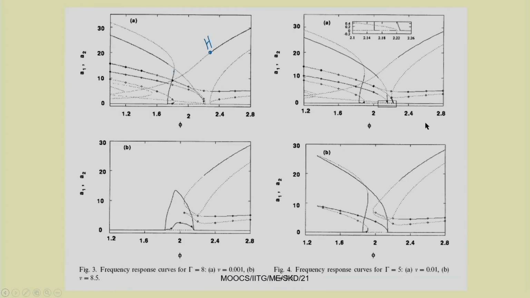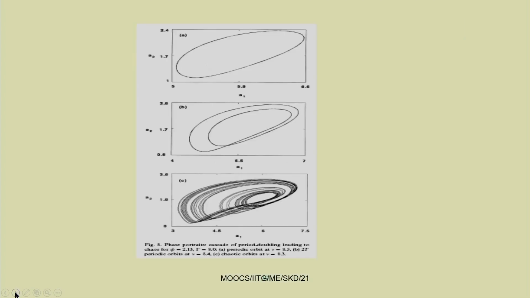This is with respect to frequency. So, this is the frequency response plot; also you can plot the force response plot, and near the Hopf bifurcation, by varying the system parameter, you can see the system has a periodic, then 2 periodic response, and if you go on changing the system parameter, finally it lands with the chaotic response.